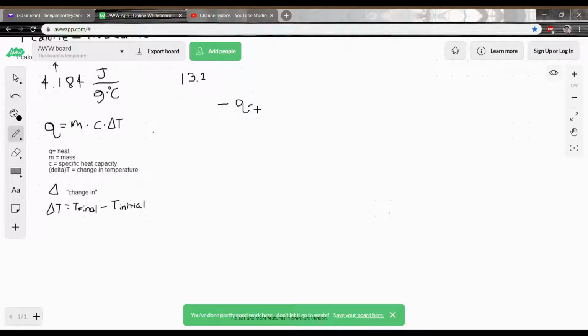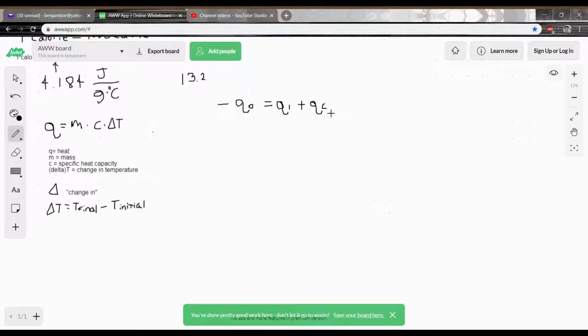The hot object, I'm going to truncate it as QO, is losing heat, so it has a negative sign, and it's going to come into equilibrium with the relatively colder liquid, QL, in addition to the relatively colder calorimeter, QC.